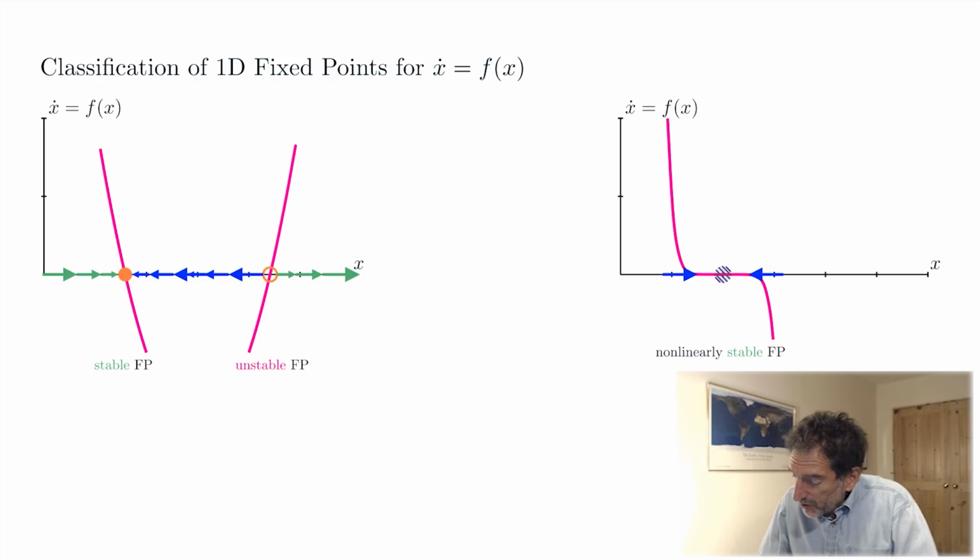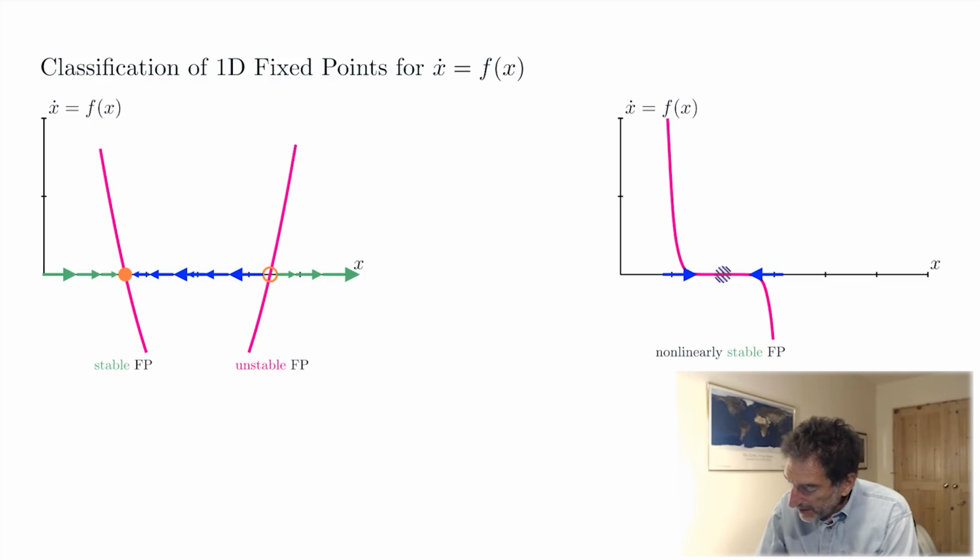And I've also drawn only one arrow pushing in because, as you're going to see, for a nonlinear fixed point, the flow towards a fixed point is very slow. So in fact, in the linearly stable or unstable fixed points, the flow is quite quick, exponential convergence or divergence. In the case of a nonlinear stable fixed point, it's a power law approach to the fixed point.